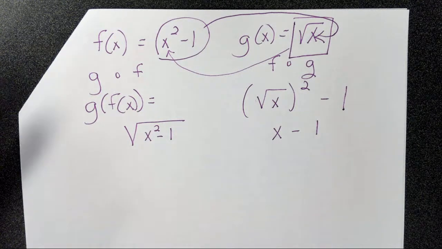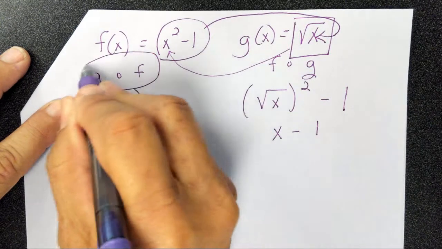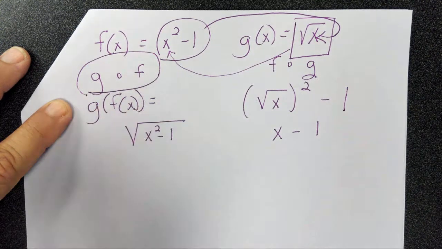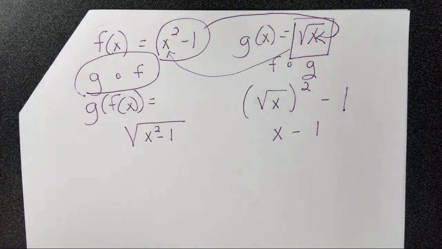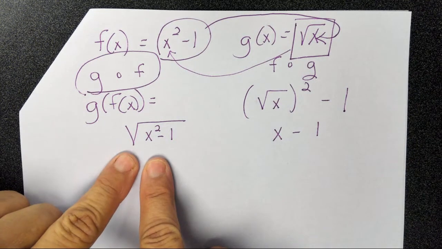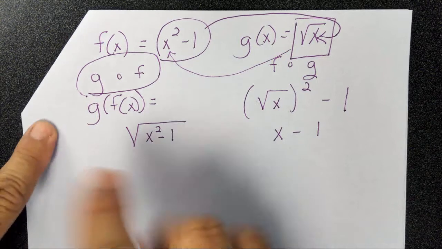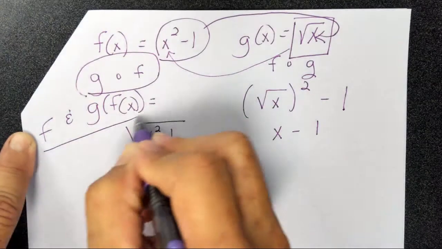So in order to find the domain of this, I have to look at two things. I have to look at F because I am putting F into G, and then I have to look at my final answer. So I have to look at F and G of F of X.